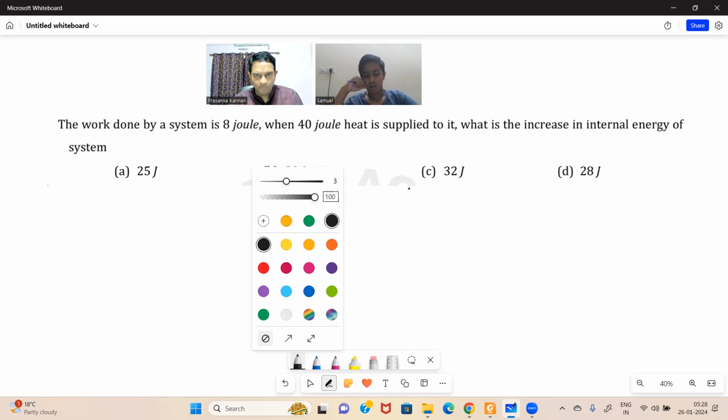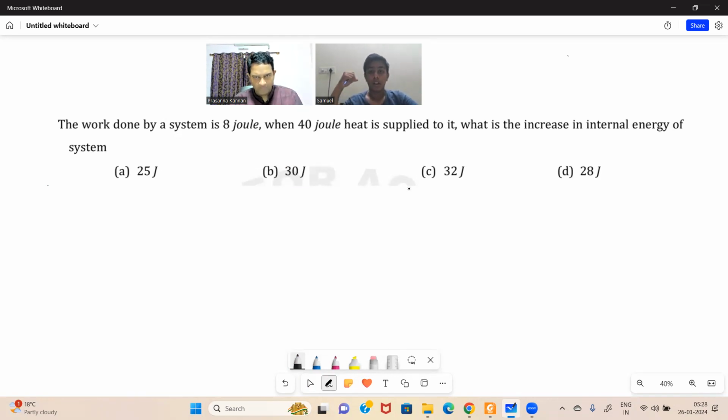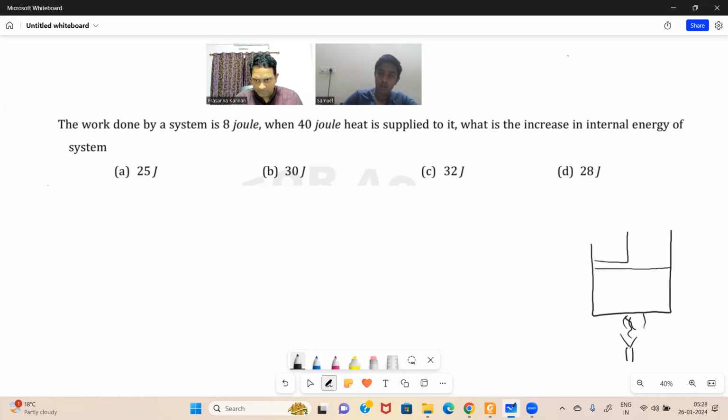So here they've given the work done by the system as 8 joules and the heat supplied to it is 40 joules. They're asking the increase in internal energy of the system. So the increase in internal energy is the heat supplied minus the work done by the system, 40 minus 8, 32 joules. The heat that you supply will be used for two purposes. One is the change in internal energy, and the other is to move the piston up, which is nothing but your work done.